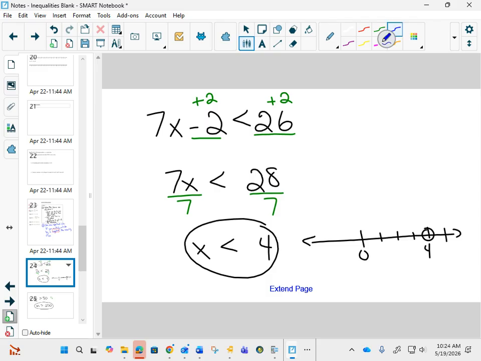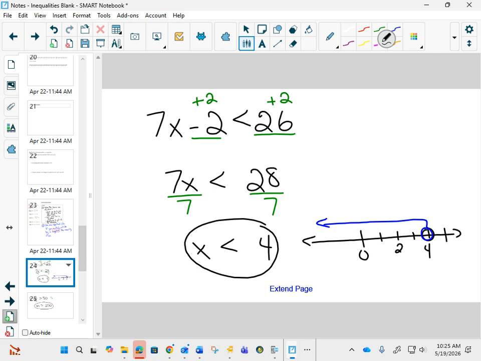Then for our solution, which way is less than 4? Less than 4 would be that way. Do you see at the beginning that you said 2 would work? 2's right there, in the blue solution part. 1 would work, 3 would work, 5 would not work.